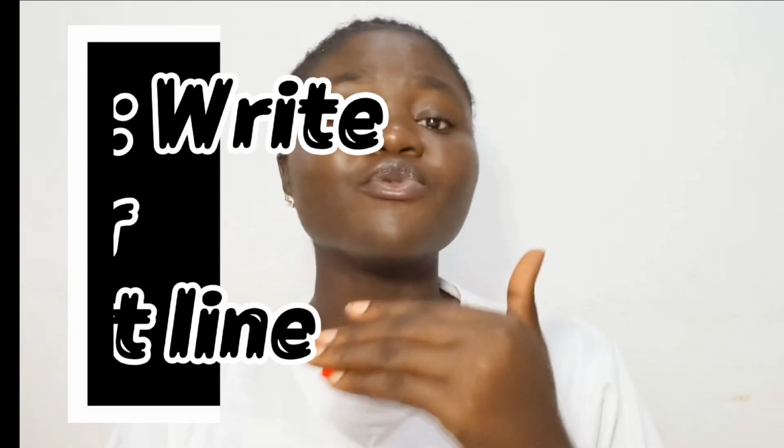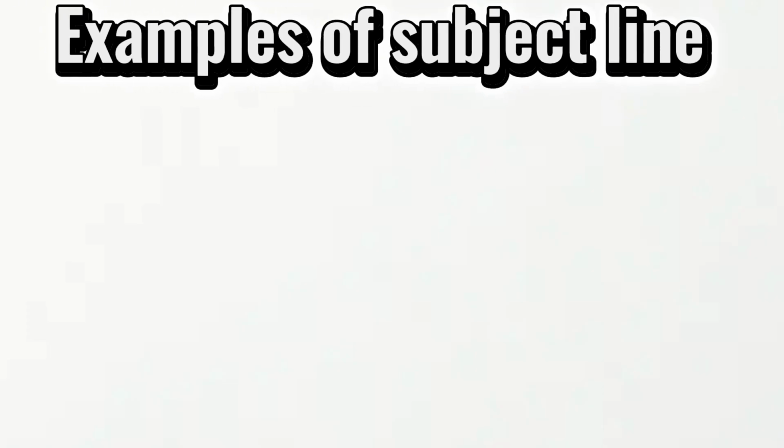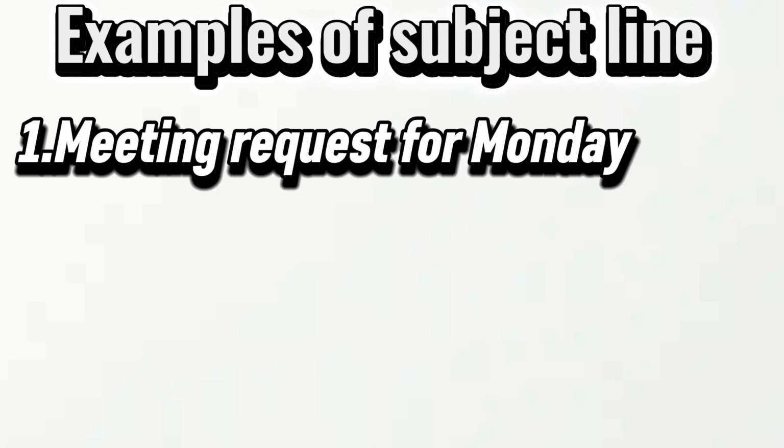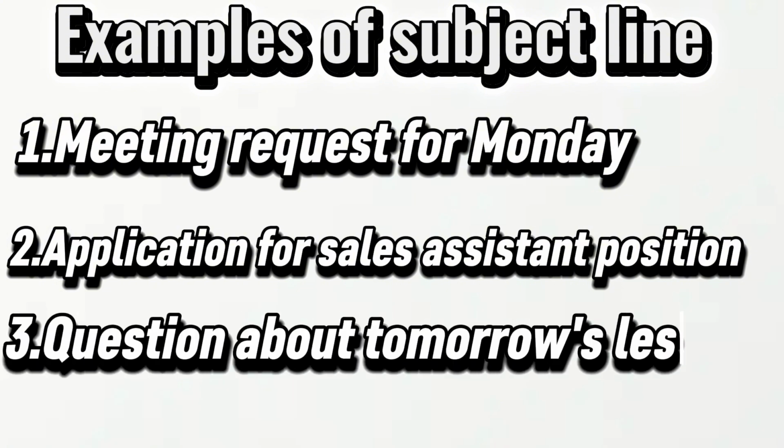Step 1. Write a clear subject line. A good subject line should be short and clear. Good examples are: meeting request for Monday, application for sales assistant position, question about tomorrow's lesson.